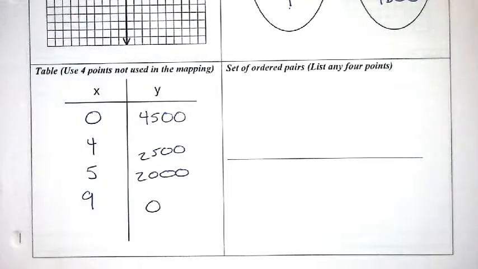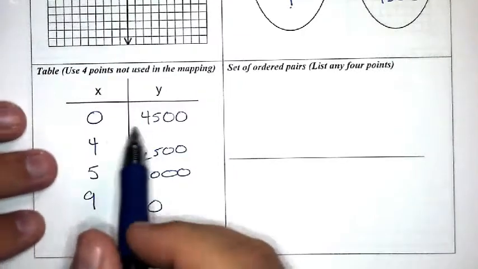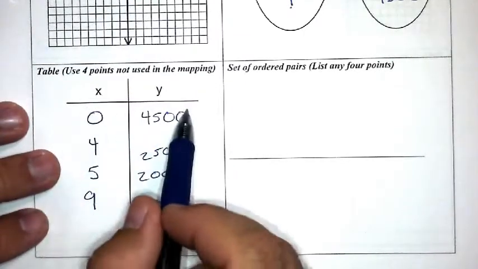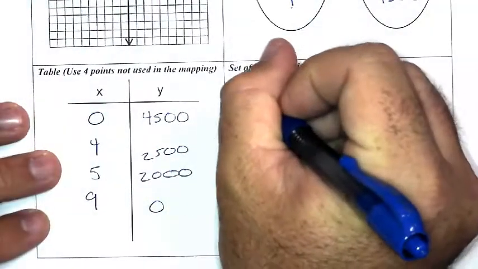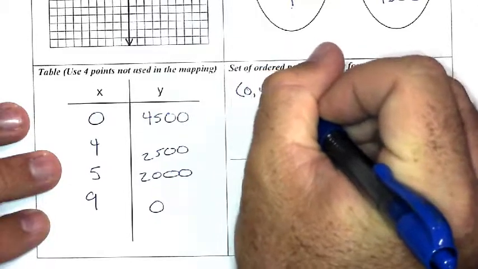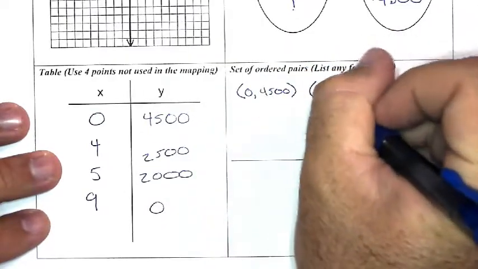And the only difference between a table and a set of ordered pairs is just putting parentheses around these. It's the only difference there. 0, 4,500. 4, 2,500. 5, 2,000. 9, 0.